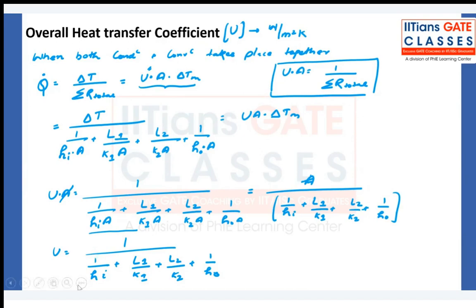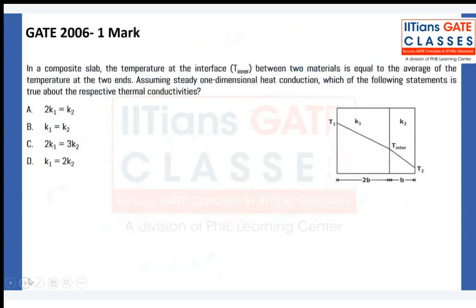Okay, very nice. Chalo. Now let's see this question. In a composite slab, the temperature at the interface between the two materials is equal to the average of the temperature of the two ends. So what does this mean?